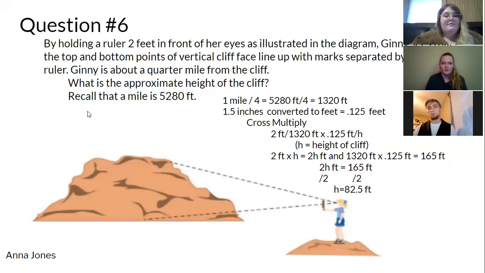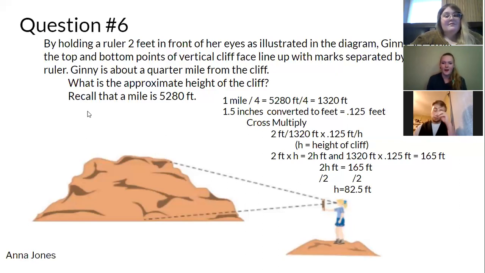So 2 feet divided by 1,320 feet equals 0.125 feet divided by the height. So that's going to be our x value. Here I have it written as h. And then we continue our cross multiplication. It's going to be 2 feet times h, so that's 2h feet. So that value is now connected to our 2 feet.